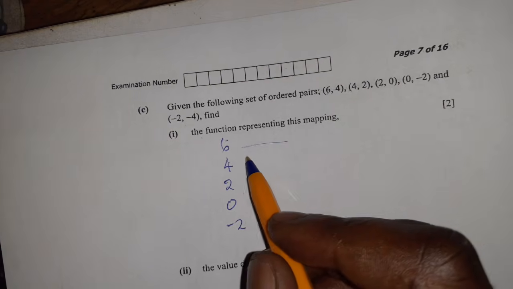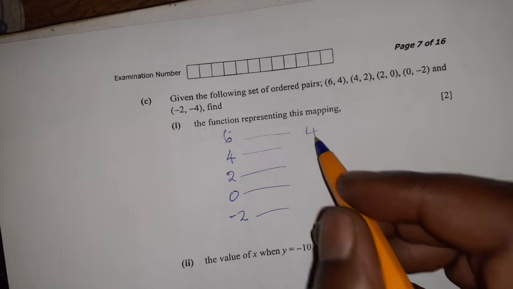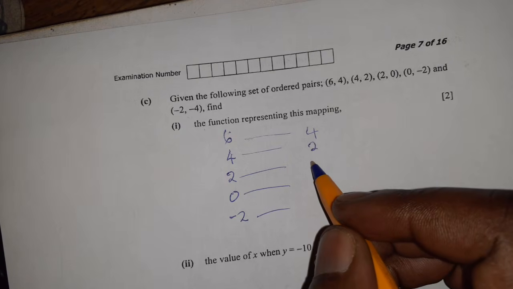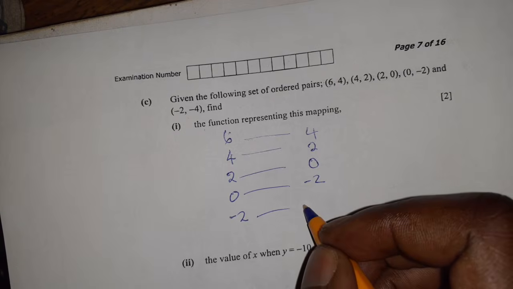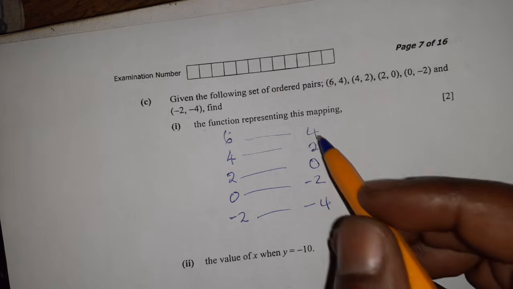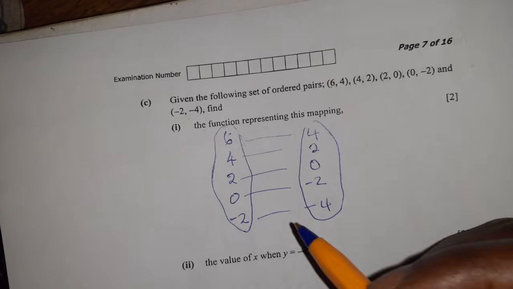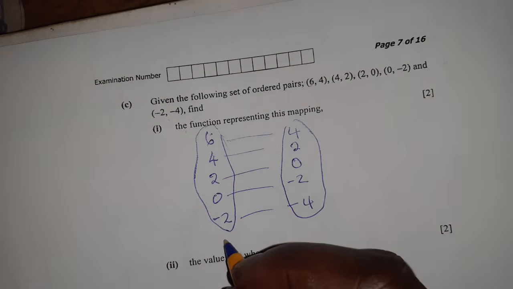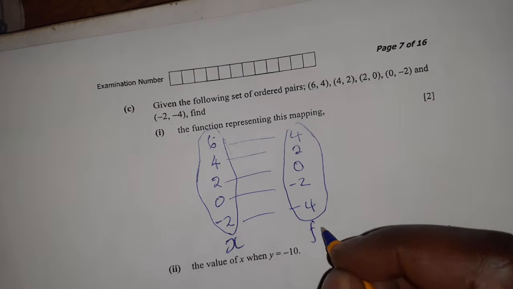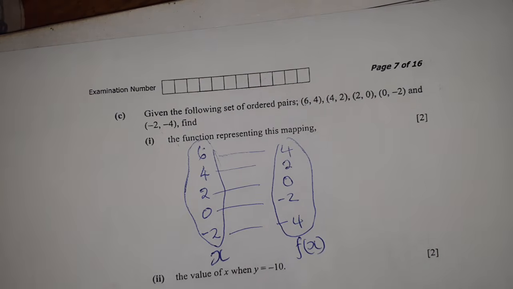And this one is taking us to 4, and here there is 2, there is 0, here there is -2, and the -4. That is how they are, something like this. So we say this is the x, then this one is f of x, which we look at sometimes as y.